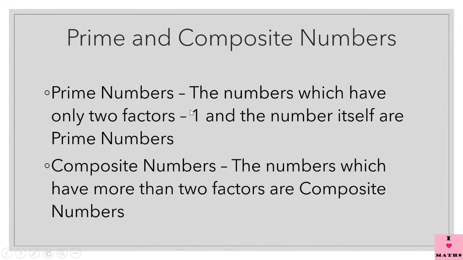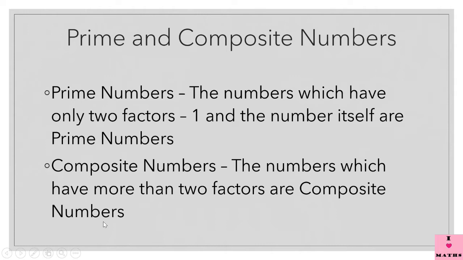Let's start. Prime numbers, the numbers which have only two factors, 1 and the number itself, are prime numbers. Composite numbers, the numbers which have more than two factors, are composite numbers.